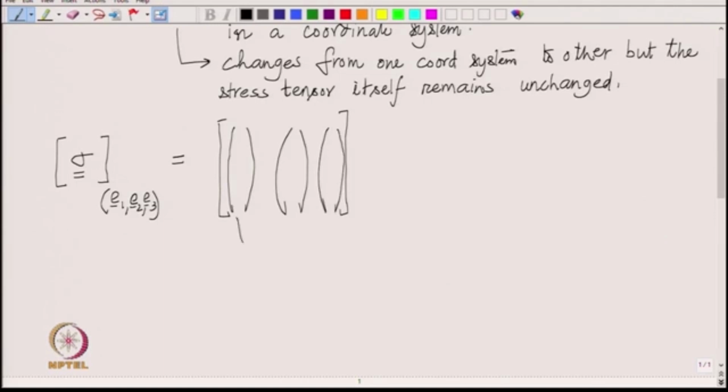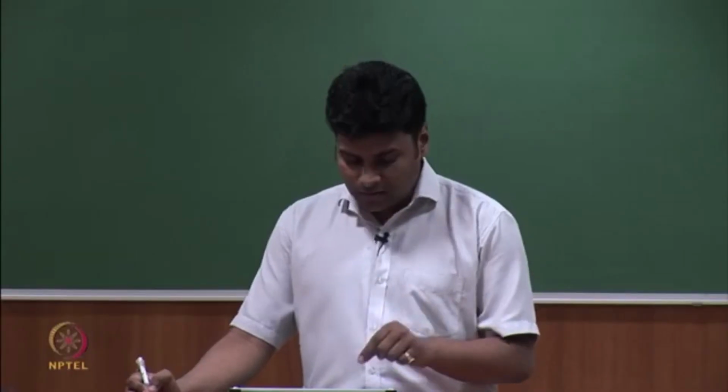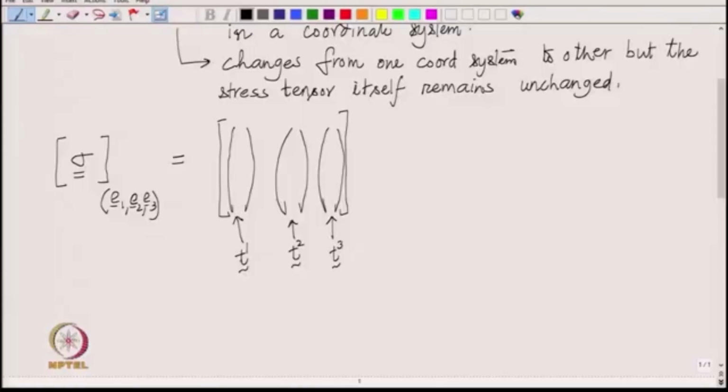The first column is formed by the traction on the E1 plane, and that is T1. The second column is formed by the traction on the second plane, that is T2, and this last one is T3. So, the first column is basically the representation of the traction 1 in the E1, E2, E3 coordinate system. Okay. So, you find out the components of the tractions and put those numbers in the columns. All right.